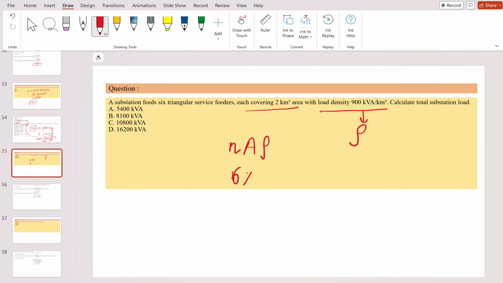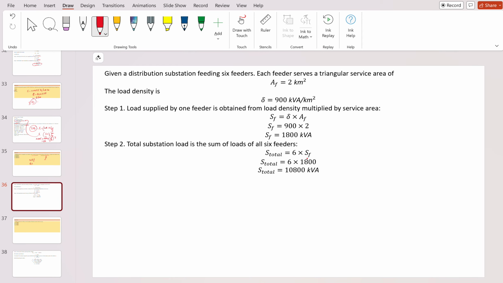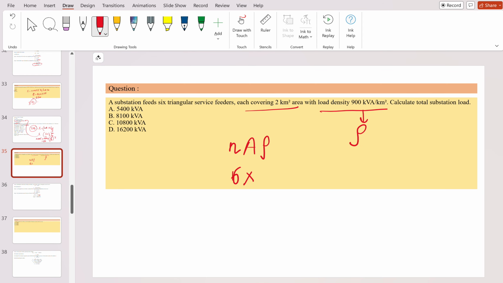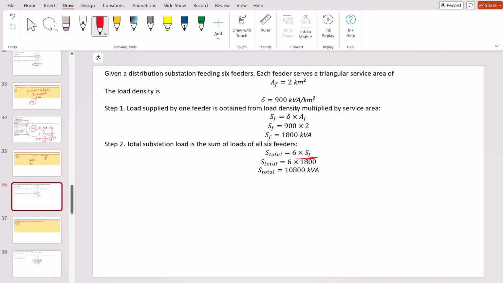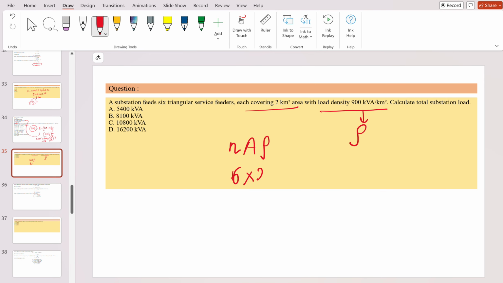Six triangular areas are there, so 6 multiplied by 600 multiplied by 2 multiplied by 900, so it will come out to be 18 multiplied by 6, that is 10800 kVA. Okay, option C.